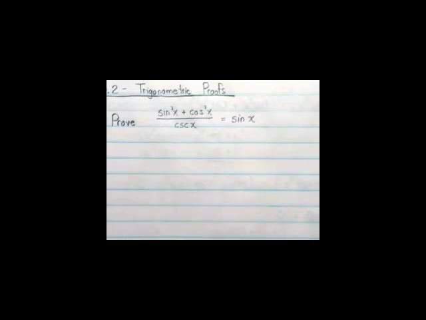Now, we've got to put this into a formal two-column style proof. The way that we do that is you can't work with both sides of the equation. You take one side of it, and usually the easier way to go is to take the side that looks more complicated and try to get it to the one that is the least complicated, because simplifying things is a natural thing for us in math.